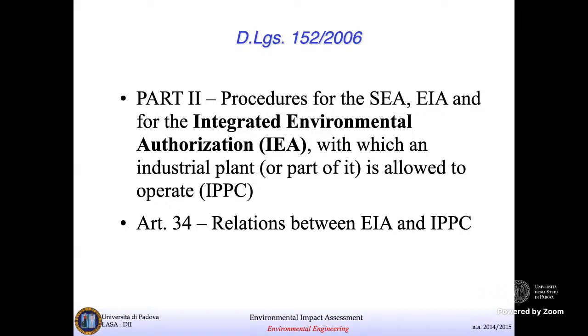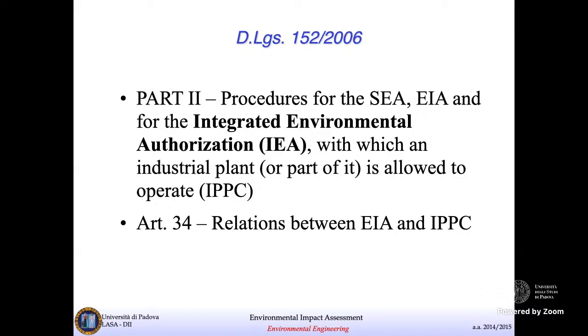And integrated environmental authorization means IPPC, with which an industrial plant or part of it is allowed to operate. This is IPPC. And then in Article 34 of Part 2 of Law 152, there are relations between environmental impact assessment procedures and IPPC.